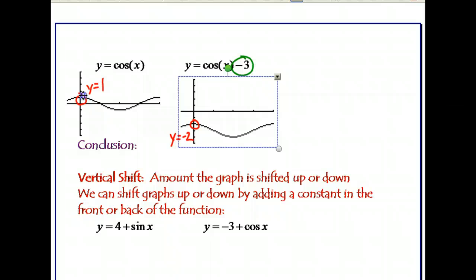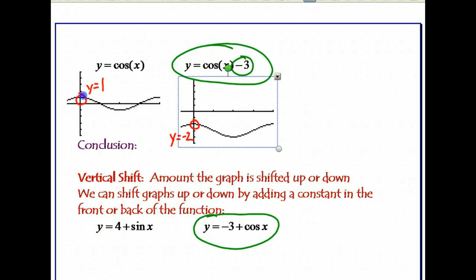So the vertical shift, it's the amount the graph is shifted up or down, and we can shift them up or down by adding a constant in the front or the back of the function. Okay, let's make it clear. The front or the back does not matter. If we take a look up here, the cosine of x minus 3 and minus 3 plus the cosine of x, or negative 3 plus the cosine of x, those are going to be the same thing.